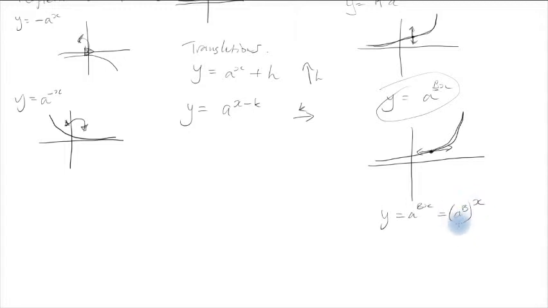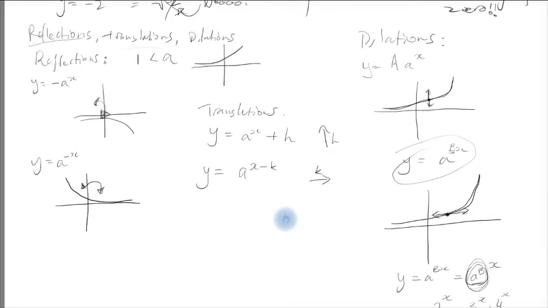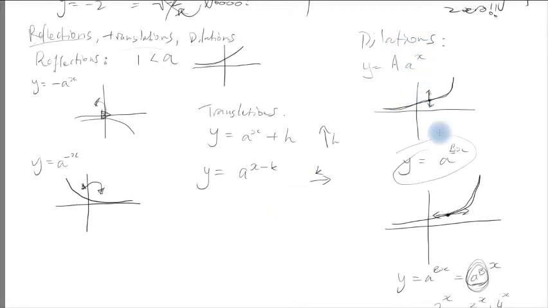And so that'll just change your base, and you won't actually have to think about this, because this is just the same behavior as if you had a different base. Remember those graphs where we had 2 to the power x compared to 3 to the power x compared to 4 to the power x? That's kind of like all this was doing here. So, there you go, that's the dilation going on there.